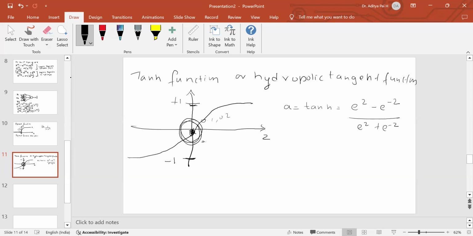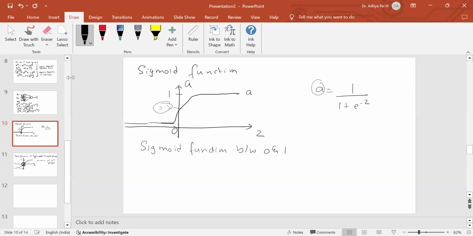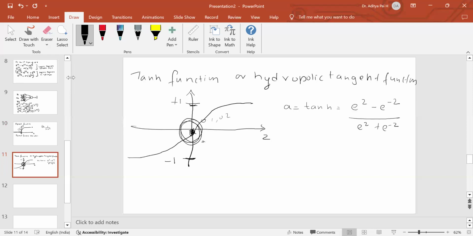So it is coming near to 0, while in the sigmoid case it is going away from 0. That is the reason why tan h performs better than the sigmoid function: the mean in this case will be near to 0.